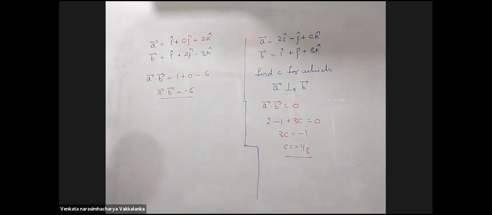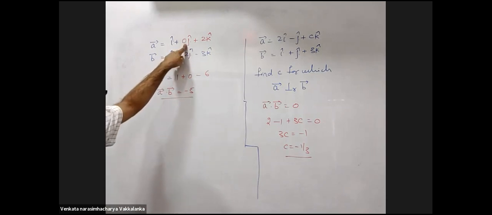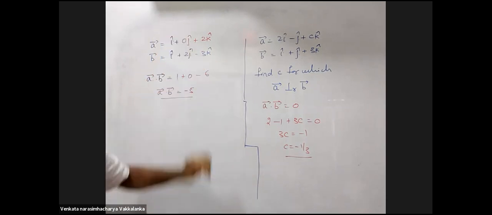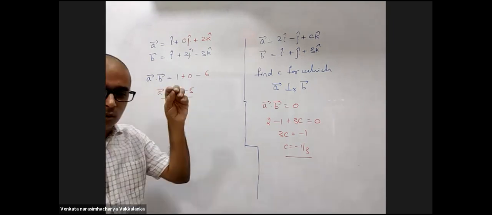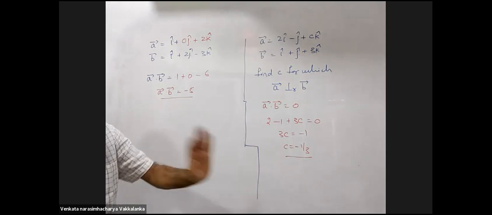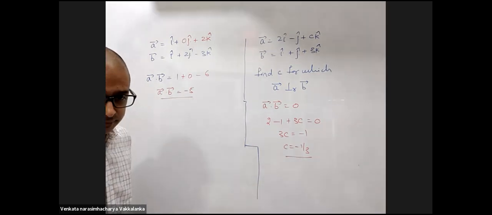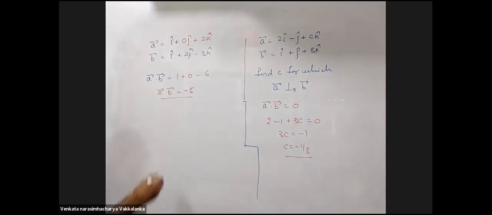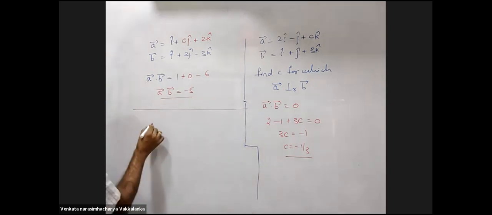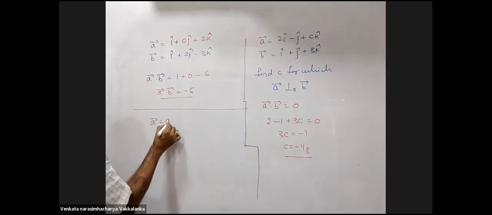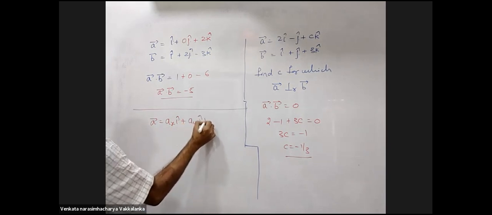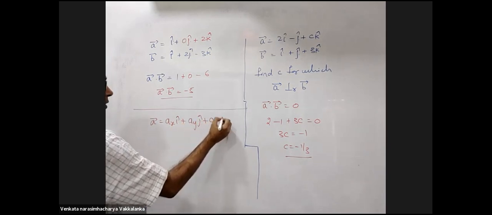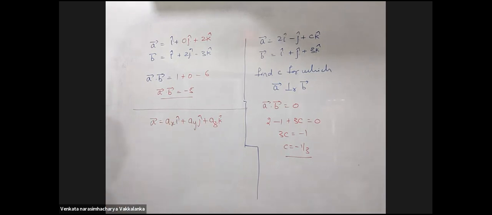When I don't have either I or J or K in the vector, please put that as 0 J cap or 0 I cap, whichever is missing. I'll write the general way of writing this. A is AX I cap plus AY J cap plus AZ K cap.